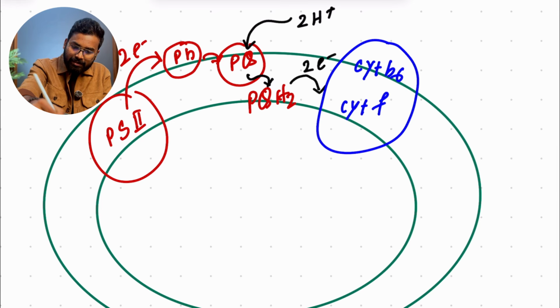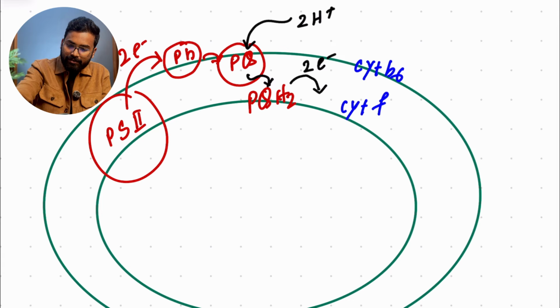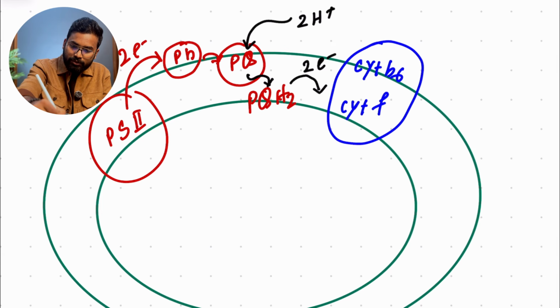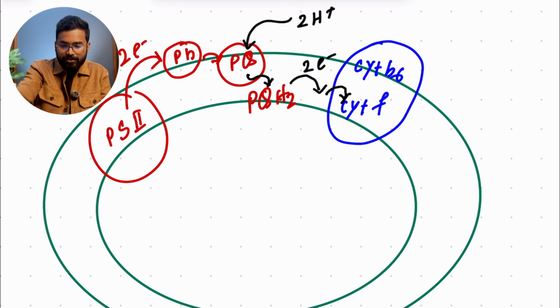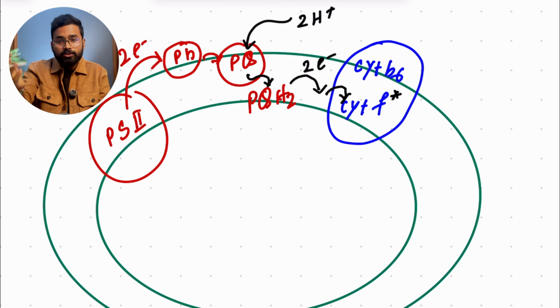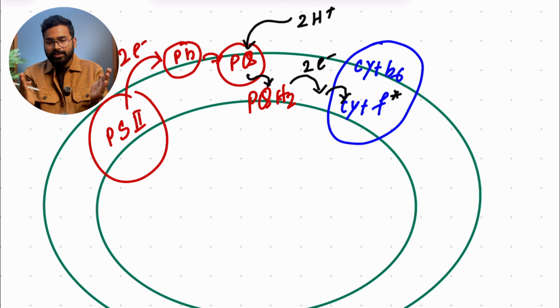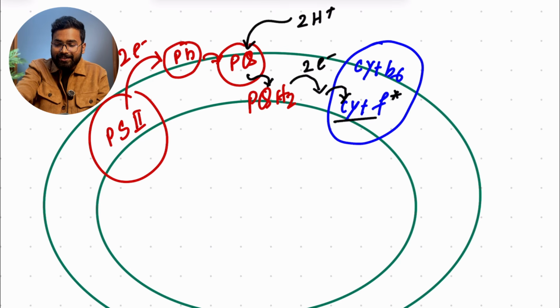And if they ask about the specific location, always say that it moves to cytochrome F and not B6. If they ask the name of the complex, definitely you will say B6F. But if you have an option to choose between B6 and F, then you will choose cytochrome F, because NCERT clearly states in the last line, the inner side of the membrane.